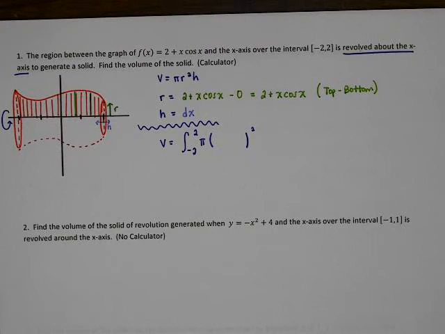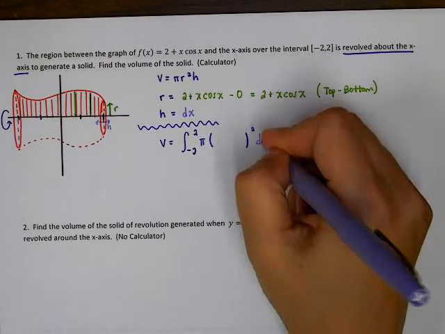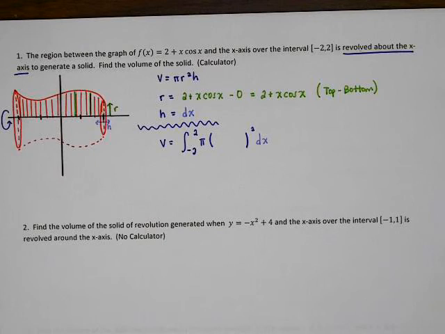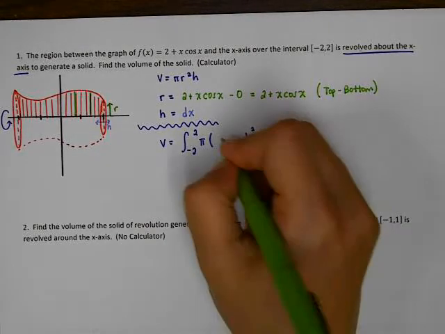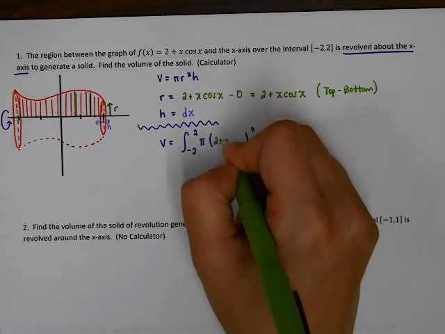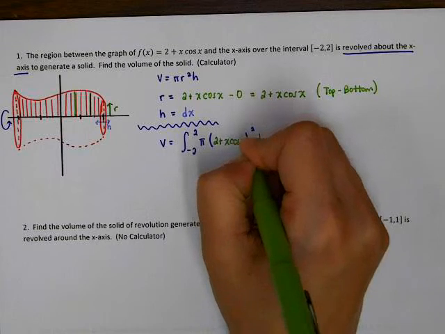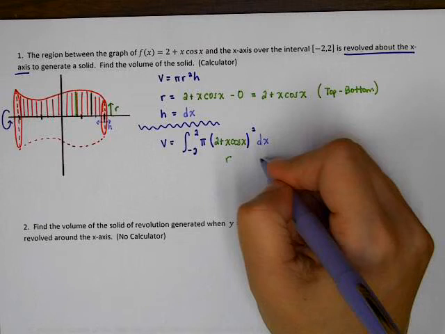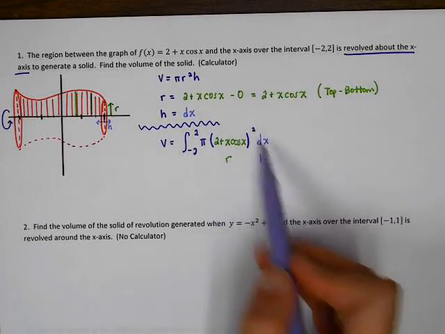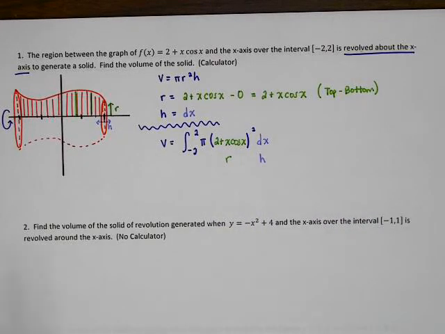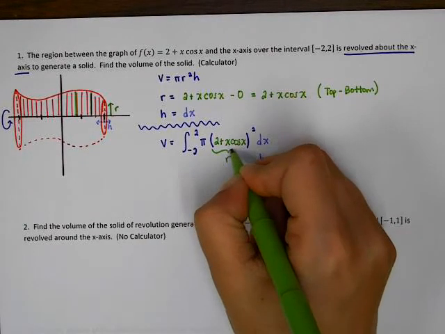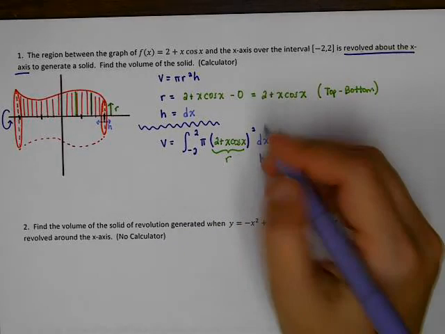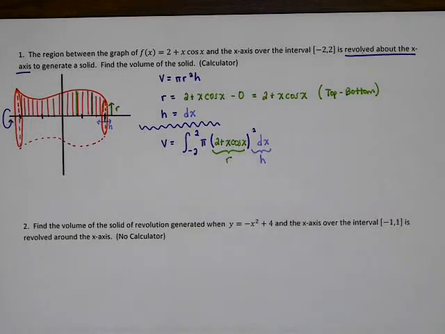And my dx in this case is my h. Now my r we decided was 2 plus x cosine x. So here's your r squared, and here's your h. So you're just doing pi r squared h. You're just filling it in with the given information in the question. Because this is a calculator question, once I have this properly set up, I'm just going to go ahead and type this in.